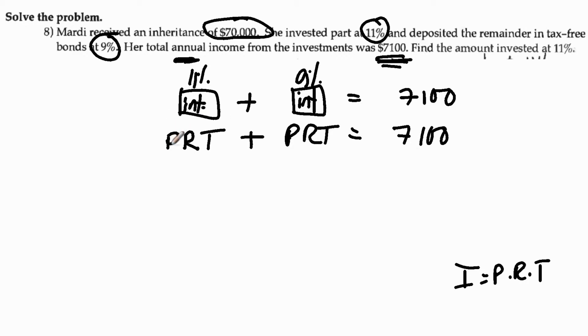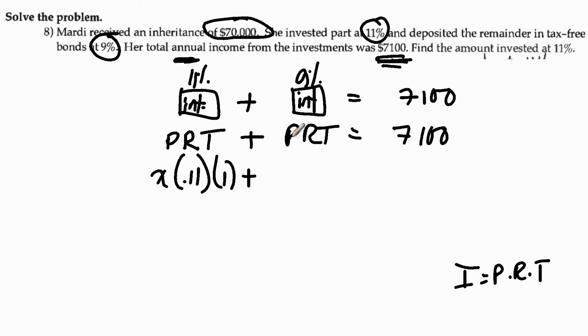Well, the principal I don't know. They tell me I got 70,000 bucks altogether, but they don't tell me how much I invested in each one. I've got to figure that out. So why don't we call this first one x, for lack of a better name. The rate's 11%, so that'd be 0.11, times the time, 1 year.